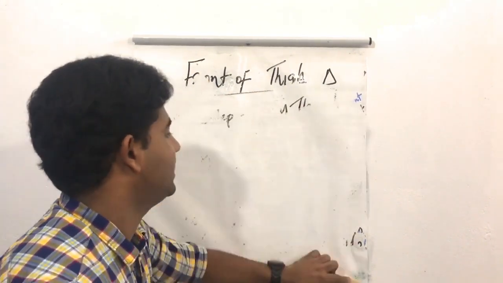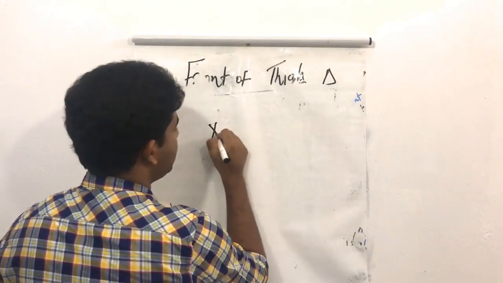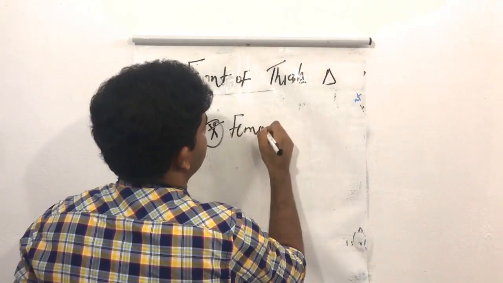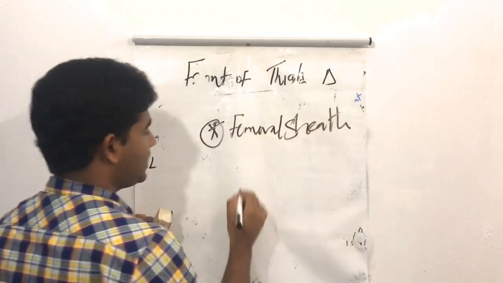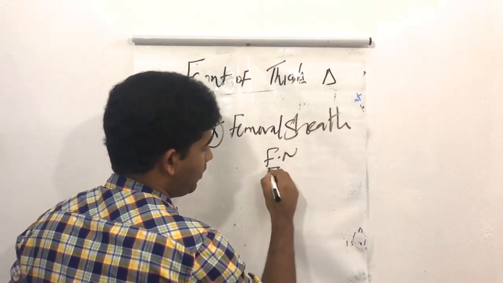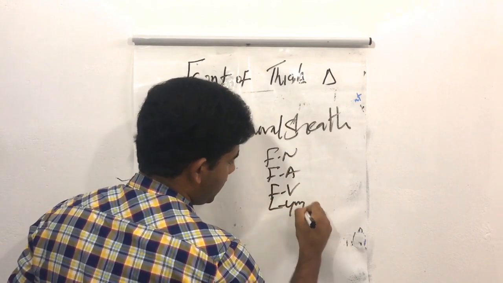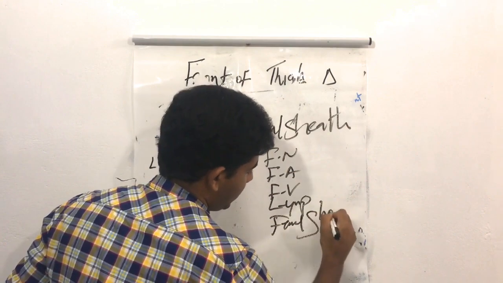Along with that, there is another content which is the part of the femoral triangle. I will mark it with a star, that is the femoral sheath. So the contents are femoral nerve, femoral artery, femoral vein, lymph node, and most important content is femoral sheath.